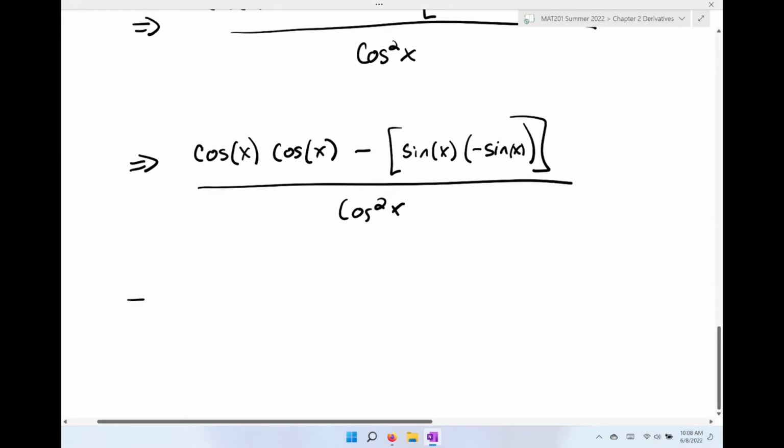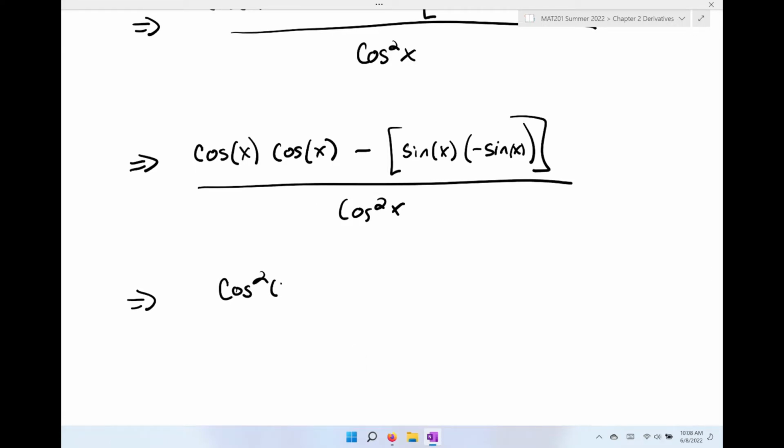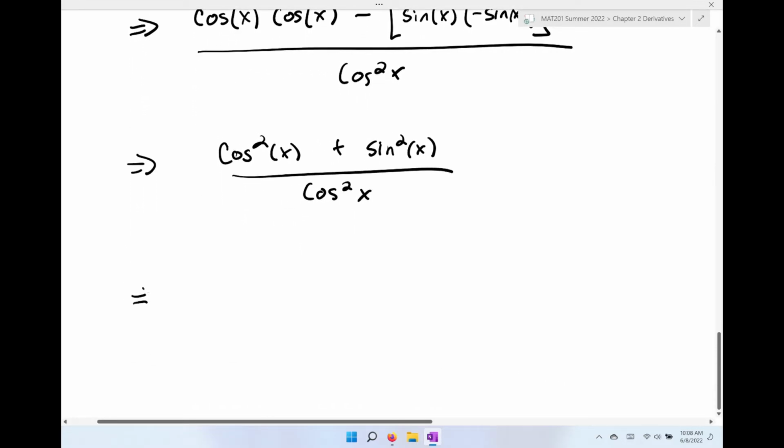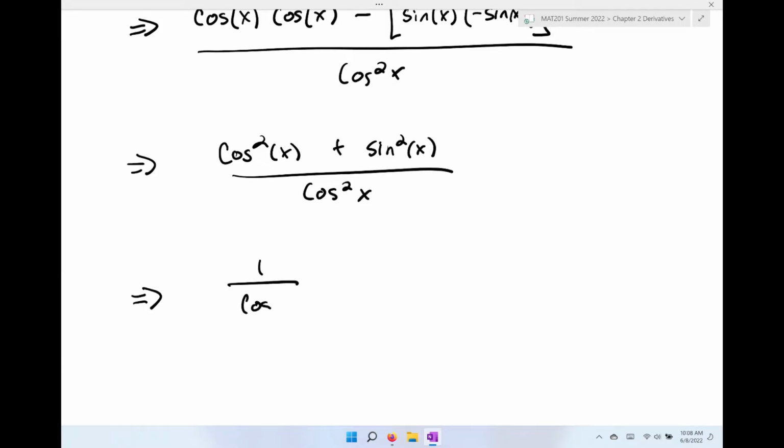Now, cosine x times cosine x is cosine squared x, plus sine x times sine x is sine squared x, all over cosine squared x. According to the Pythagorean identity, cosine squared x plus sine squared x is equal to 1. And according to basic trig functions, 1 over cosine squared x is secant squared x.